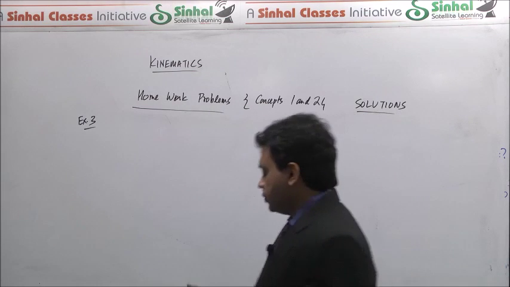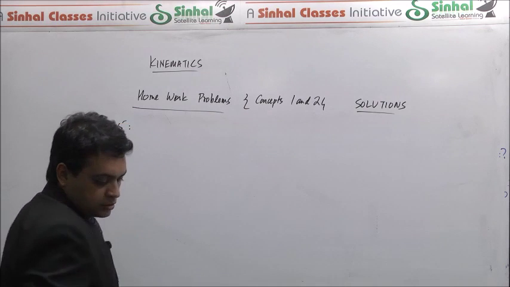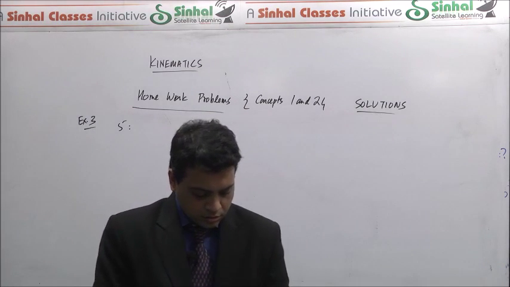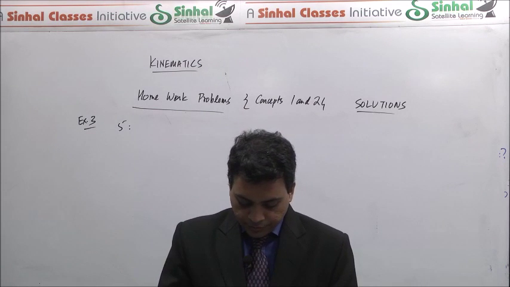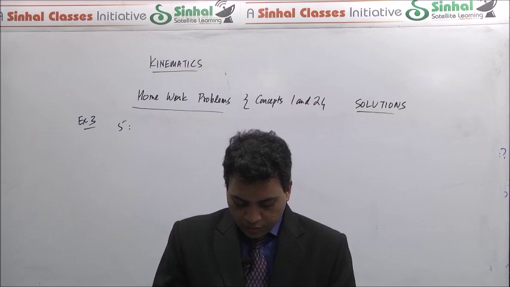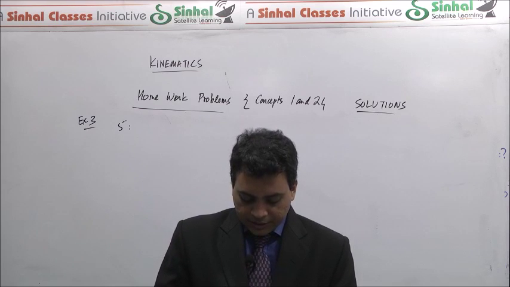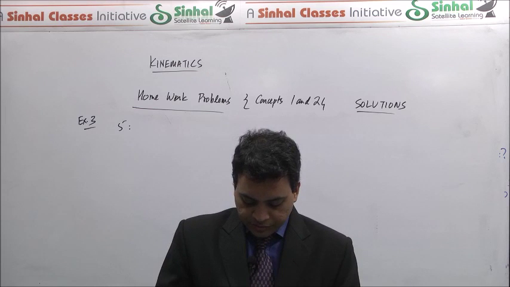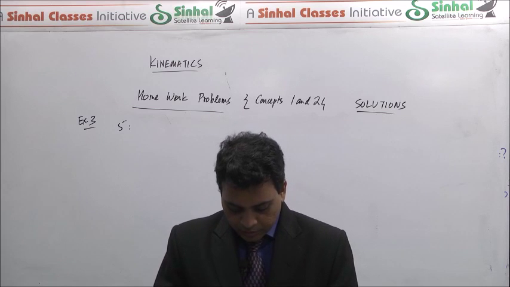We'll start with the 5th question. It says that a car starting from rest accelerates at the rate of f through a distance x, then continues at a constant speed for time t, then decelerates at f by 2 to come to rest. If the total distance traveled is 15s, then you have to find the relation between s and t.